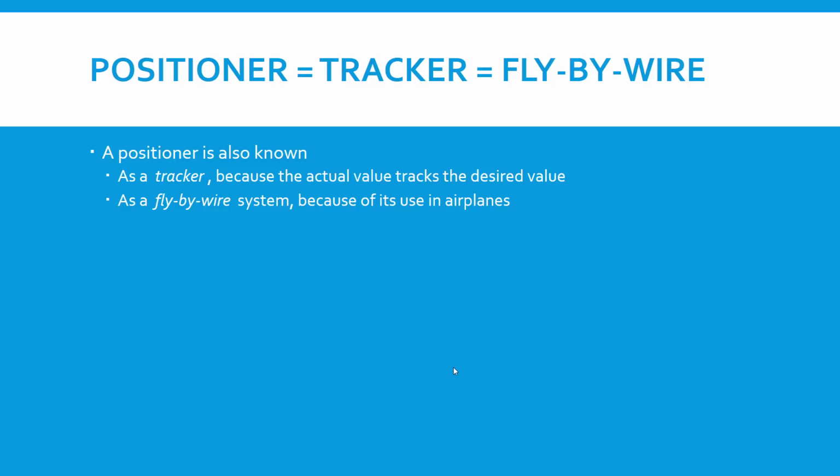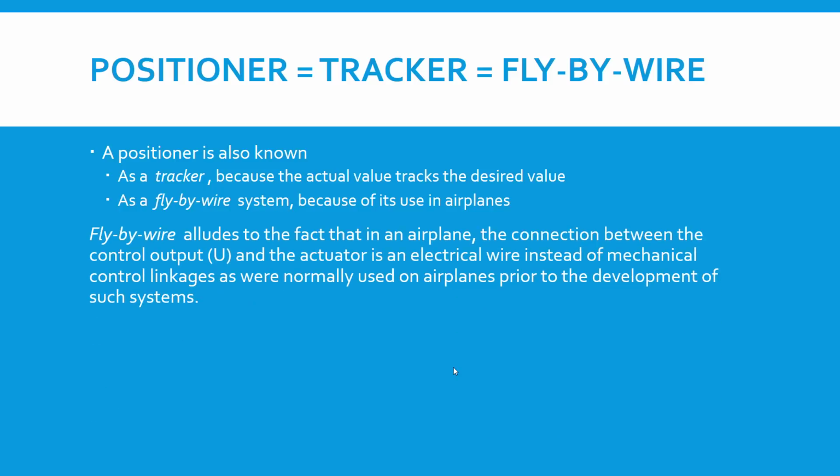Move a mass around at various points in some type of automation cycle, or for instance to move the altitude of an airplane from one altitude to another altitude and then maybe to another altitude. So it's called a tracker because the job of the loop is to make the output value track the input value. It's also known as a fly-by-wire system because of its use in airplanes.